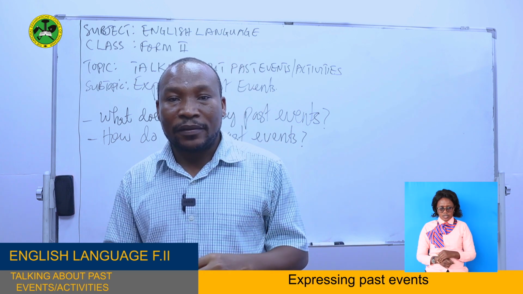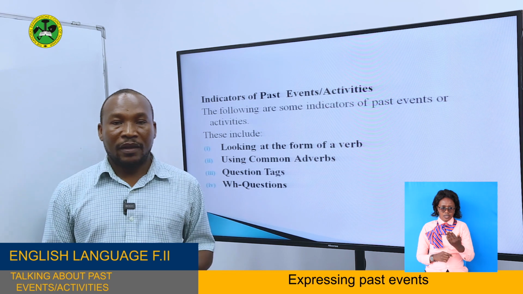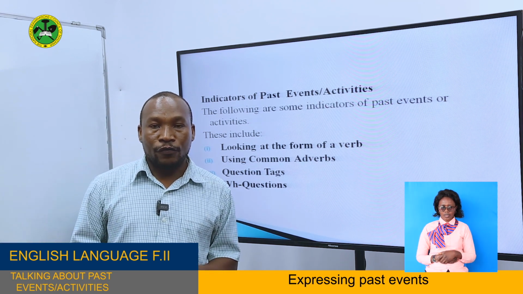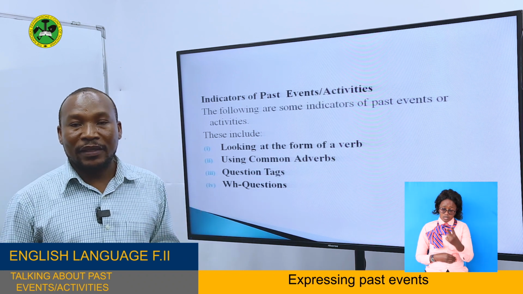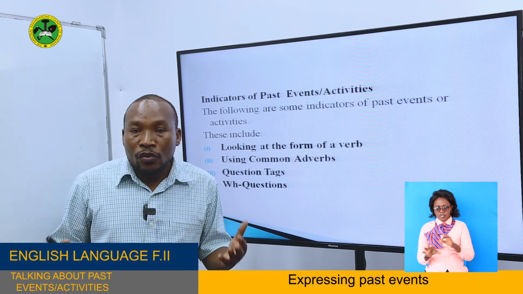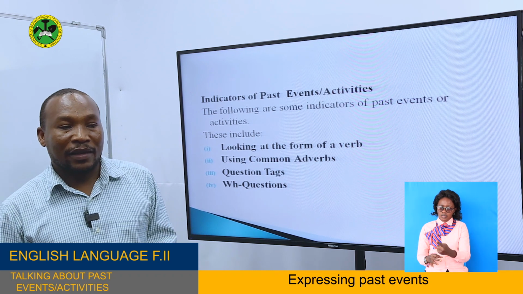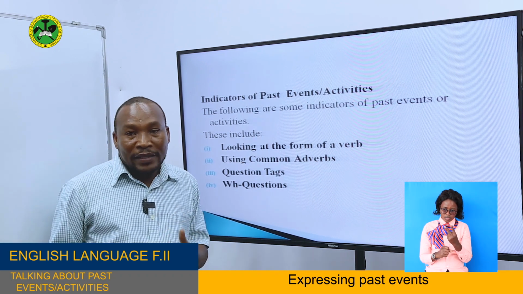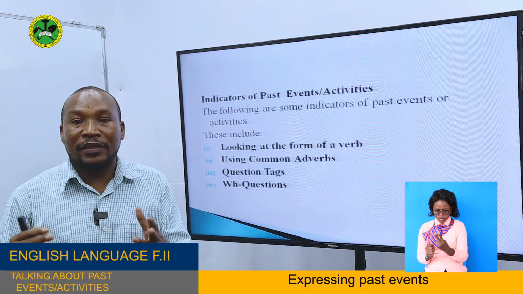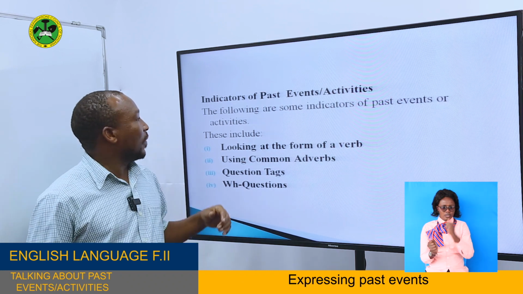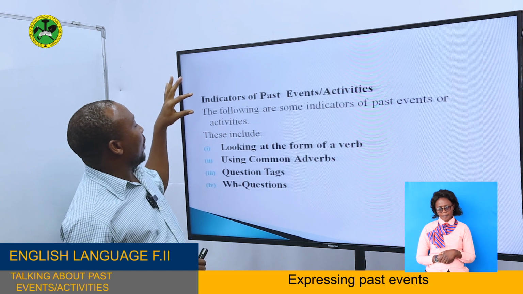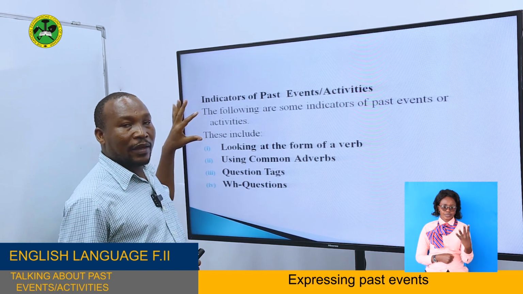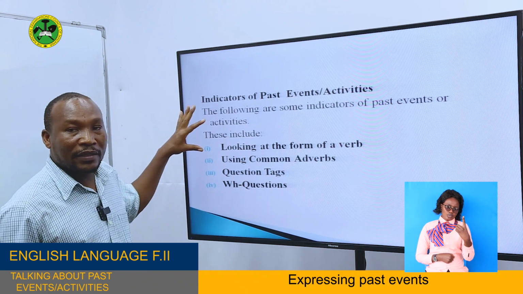Dear students, after we have seen the introduction of what past activities are and how we state past activities, let us now see indicators which will tell us this past activity or past events. We have these 4 indicators of past events or past activities.